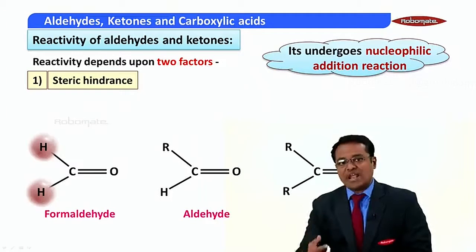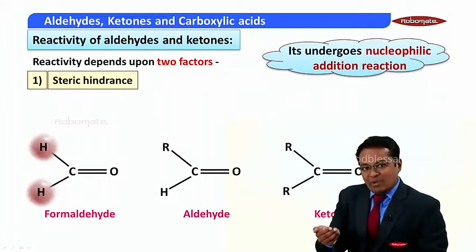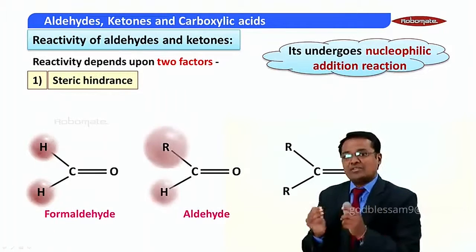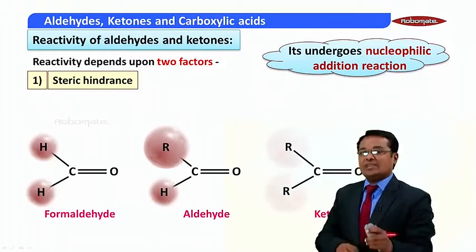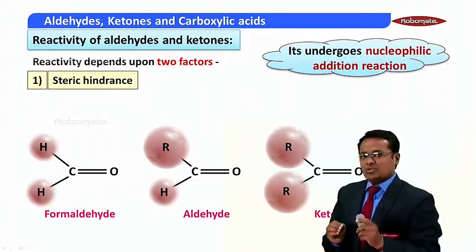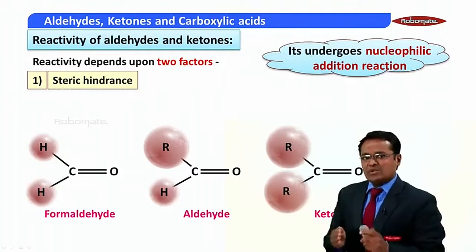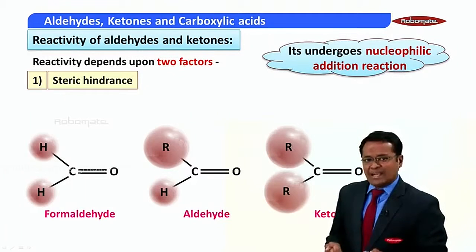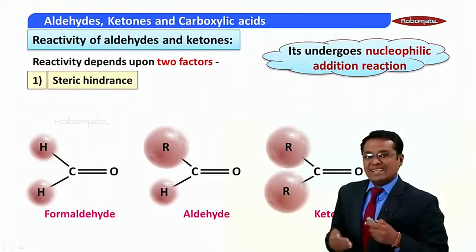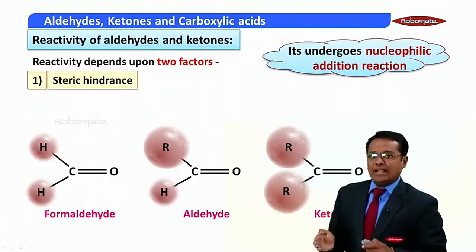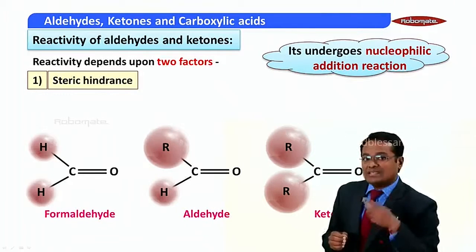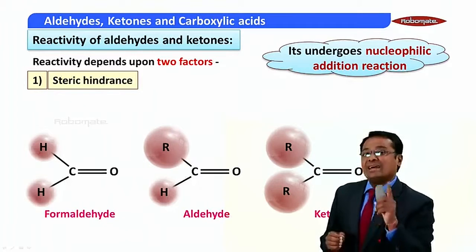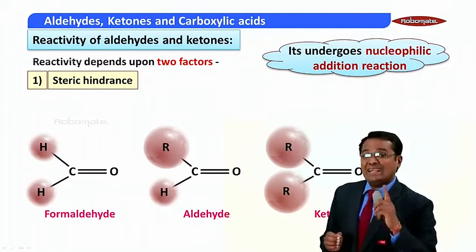I have shown the size of an atom. In the second example, in the aldehyde, I have shown the size of an atom. In the third case, in the ketone, the size of an atom is shown again. From this we can make one conclusion very clearly: the bulkiness is increasing from formaldehyde to aldehyde and from aldehyde to ketone. And remember students, our reaction is a nucleophilic addition.